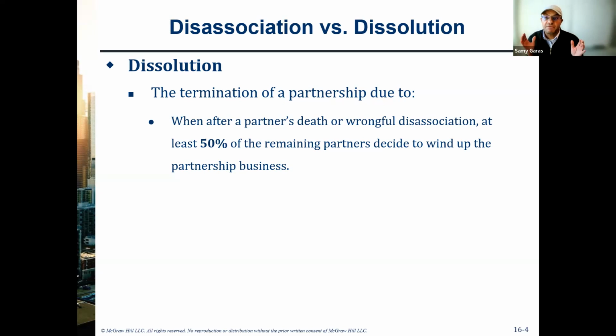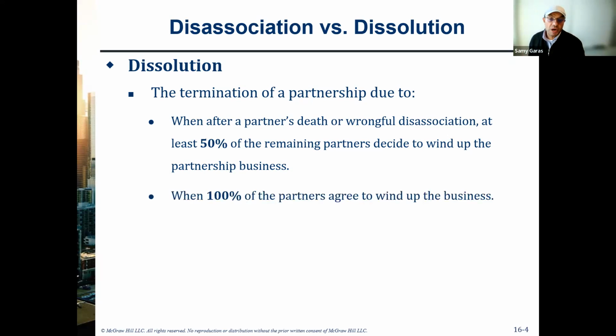So if we have 10 partners, one of them decides to leave, and then we have 9. If we get the approval of 5 out of 9 partners to wind up and liquidate the business, then we can make the dissolution. So dissolution means you liquidate the business, you sell the assets, you pay the liabilities, you distribute the remaining cash to the partners.